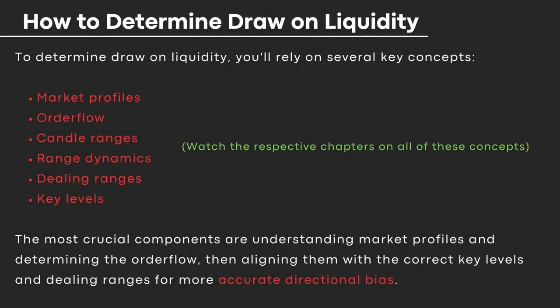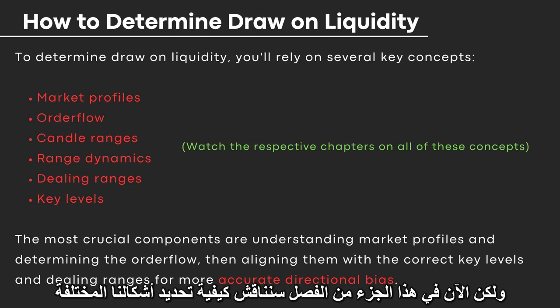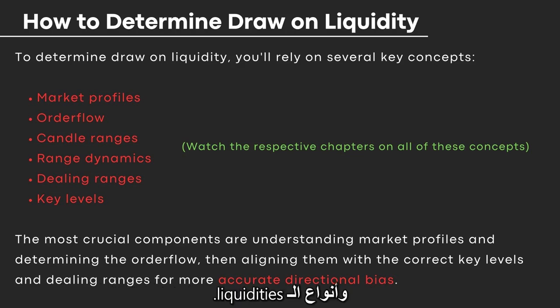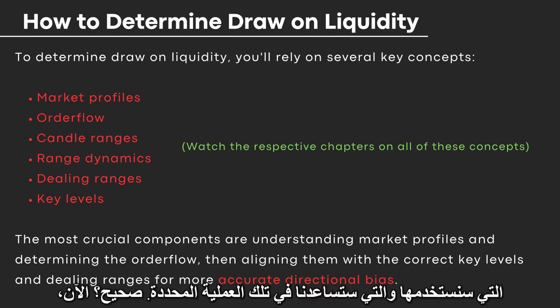Moving on to the next slide, right here we're going to discuss how to determine drawn liquidity, right? This is the most important part of this chapter because the rest of the chapter we discussed its intricacies and details and how important it is. But now in this part of the chapter, we'll discuss how to actually determine our different forms and types of liquidities and what are the different concepts that we're going to use that will assist us in that particular process, right?